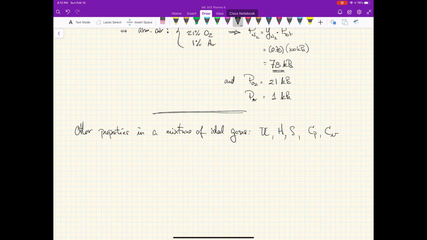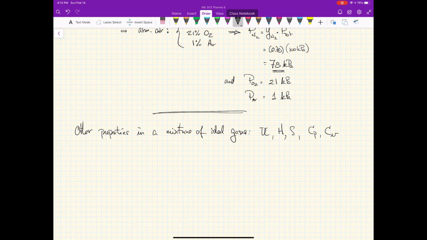So that's going to be 0.78, because the mole fraction is the same as the volume fraction, times 100 kPa, because that's the total pressure given to us, or that the partial pressure of nitrogen is going to be 78 kilopascal for that container.